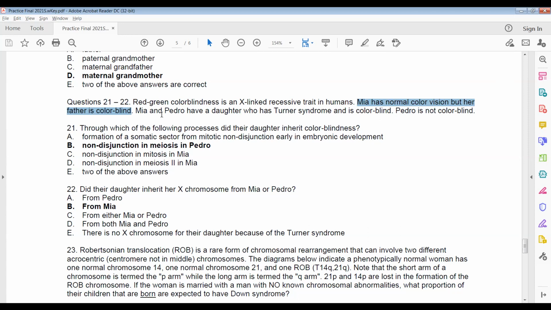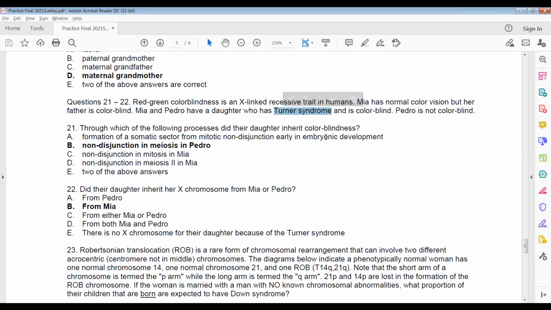Okay, now Mia married Pedro, and Pedro is normal, which means the genotype for Pedro will be X capital B, right? All right, now they have a daughter who has Turner syndrome. I hope everyone understands this.